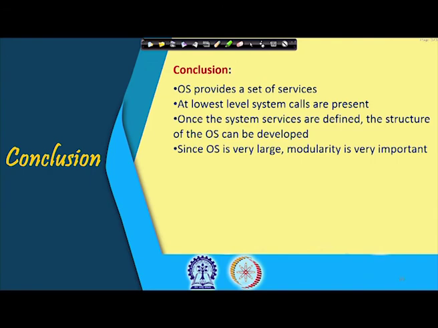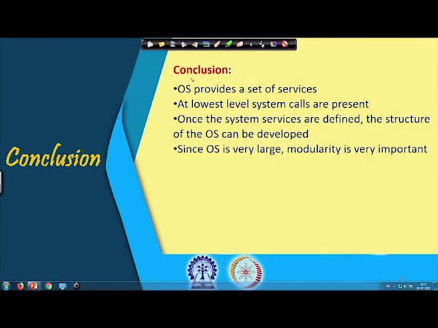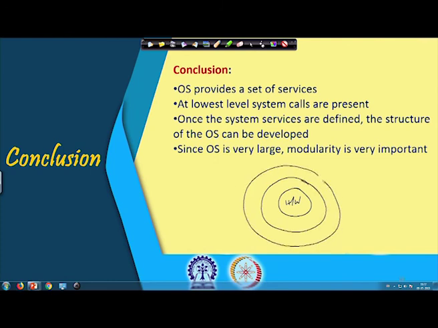What we have seen is that at the lowest level we have the hardware, and on top of that we have different layers of software. We use these layered approaches, making it both layered and modular, which helps make designing the OS very easy.